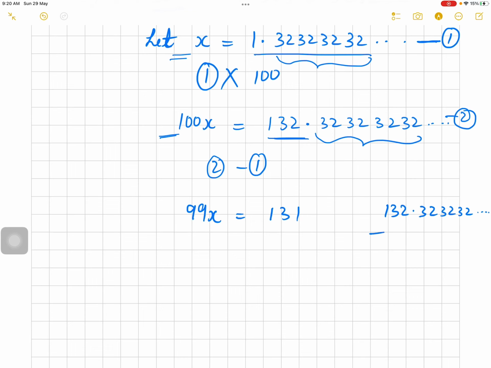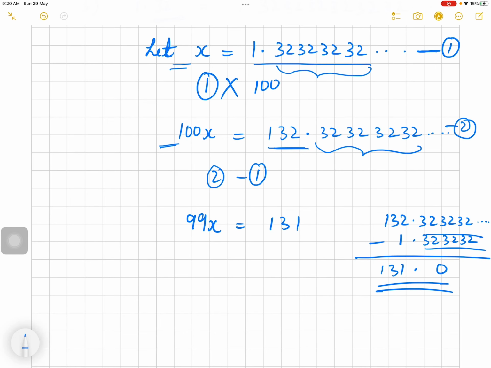So my decimals are the same. 0.323232 minus 0.323232 will become 0, and 132 minus 1 is 131. Making a lot of mistakes today. Correct? So I can say 99x is equal to 131, so x is equal to 131 divided by 99.